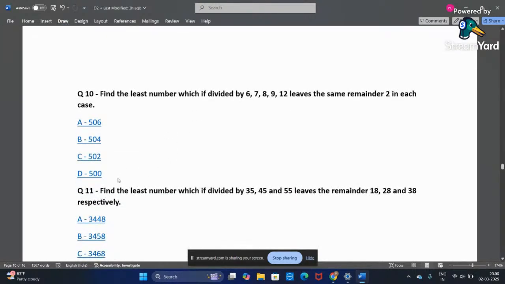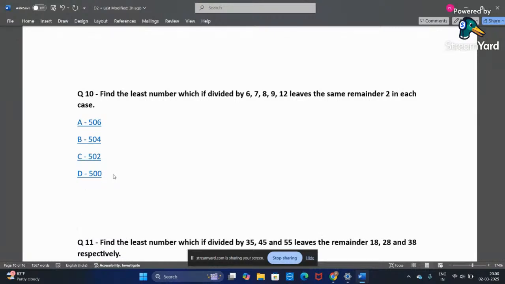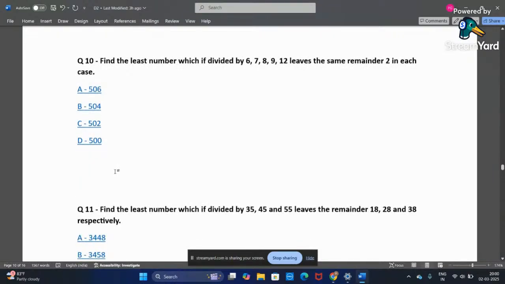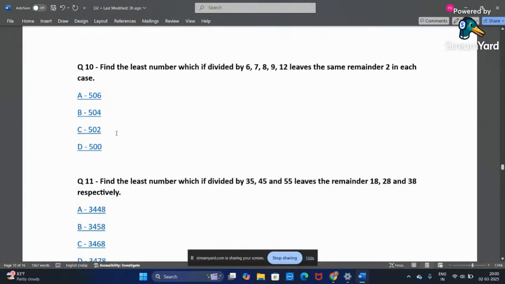Same way, find the answer for this. Find the answer for these two on your own. I'll tell the answer. First, you have to find the LCM for all these numbers.